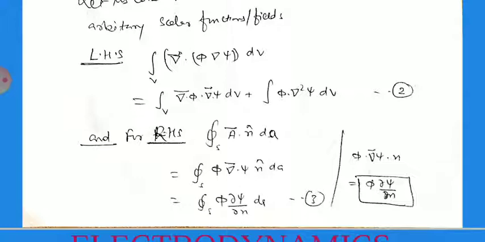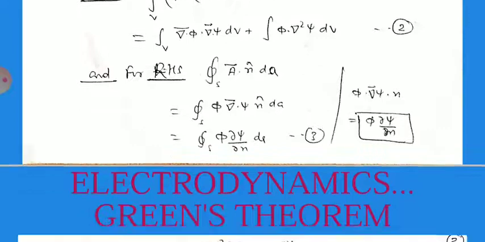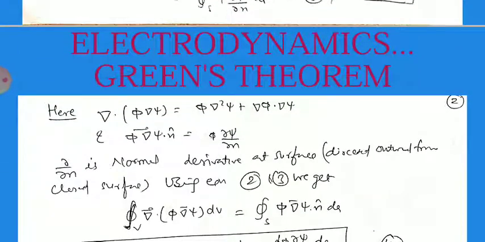So, we can write right hand side is the surface integral for the closed loop phi del psi by del n dA, and here we have used del dot of the phi del psi equal to phi del square psi plus del phi dot del psi, and the phi del psi dot n cap equal to the phi del psi by del n. Here del by del n is the normal derivative at surface directed outward from the closed surface.